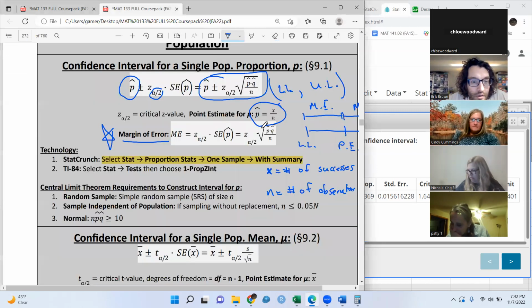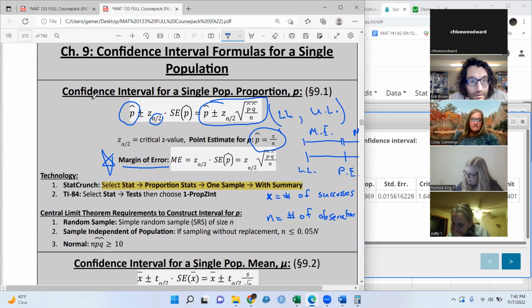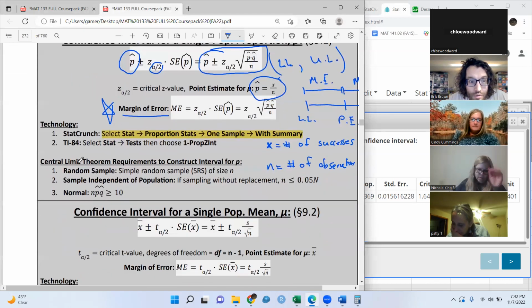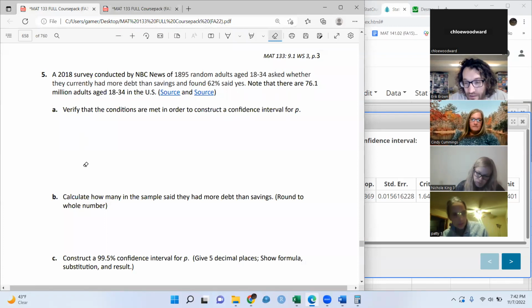So if you look at the confidence intervals for single proportions, there's the central limit theorem requirements we learned from chapter 8. Remember, the word verify goes with these. Show that we know these are true. So this question starts with that.